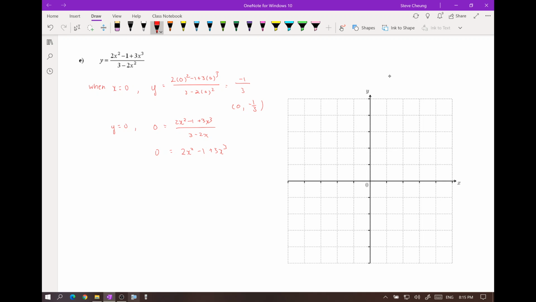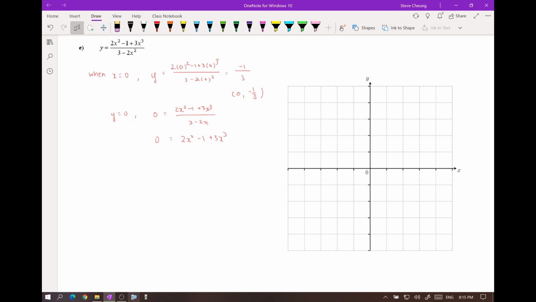Now the problem is here. This has a cube here. So if you recall what we did before, this is actually factorizing a cubic. So some things that we can try is the factor theorem. So we can try 1 and -1, and then 1/3 and -1/3.